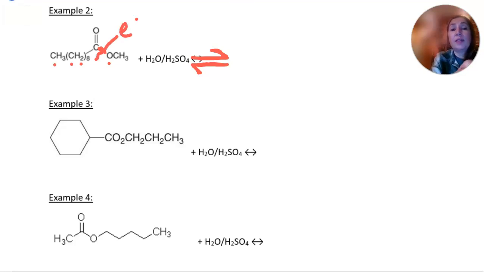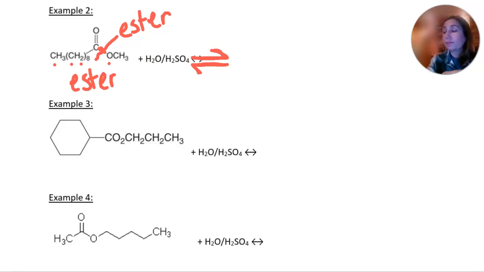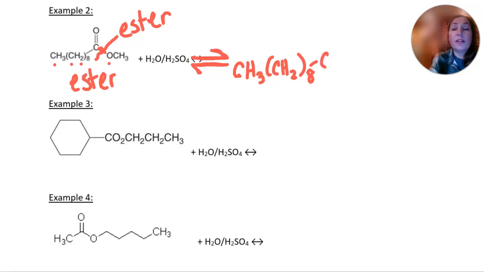We need to recognize that this is an ester, and that we're going to break that ester bond using water. Let's copy the carboxylic acid part, CH3, CH2, there are 8 of those, bonded to C, double bonded to O. Now we break that ester linkage and put an OH on there.